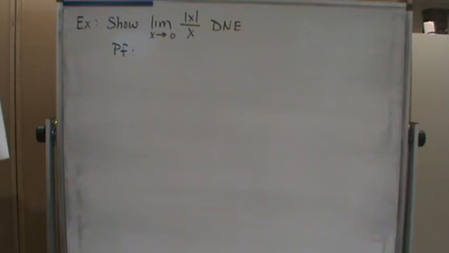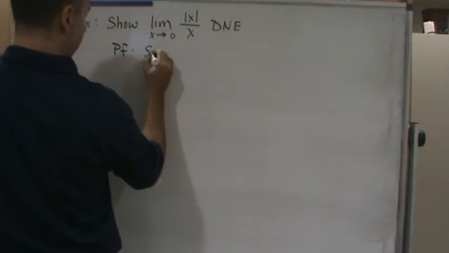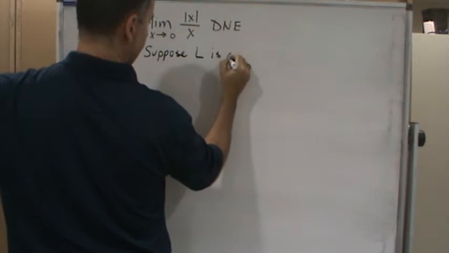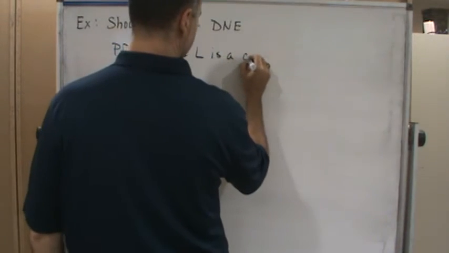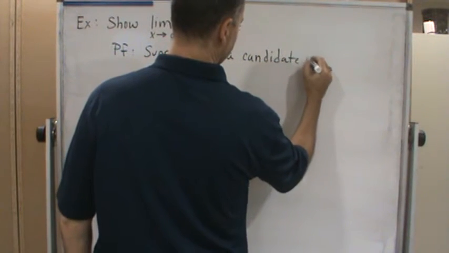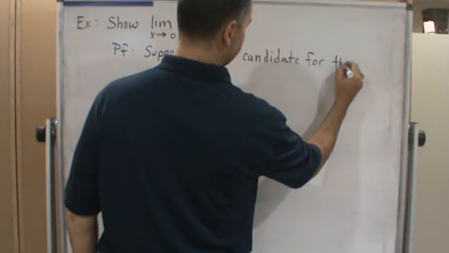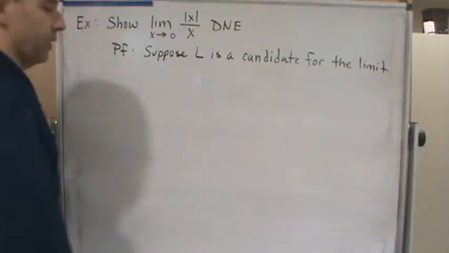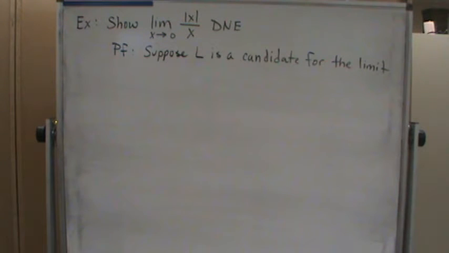So let's suppose that L is a candidate for the limit. Right, so we just want to show this for any L that we might choose.